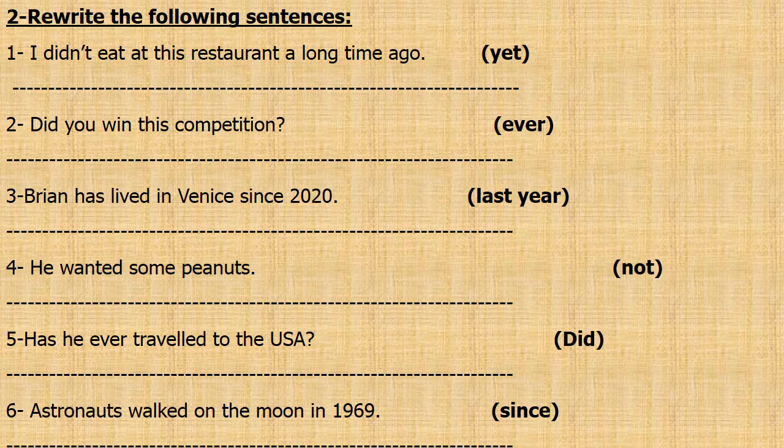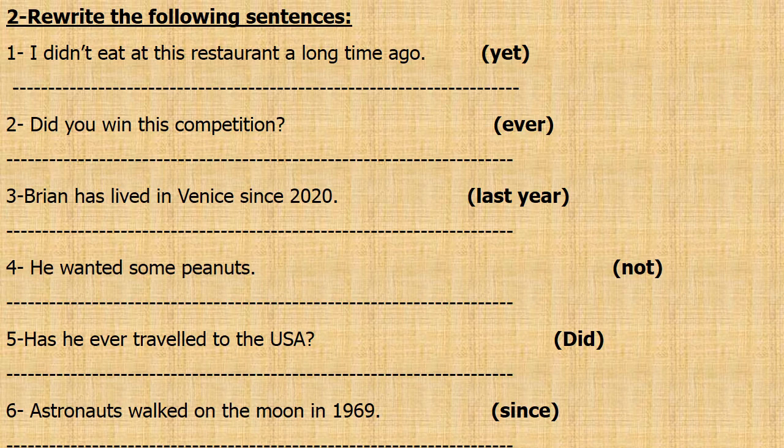Eat will be eaten, because I have to put past participle after have or has. I haven't eaten at this restaurant yet, and you have to delete a long time ago.